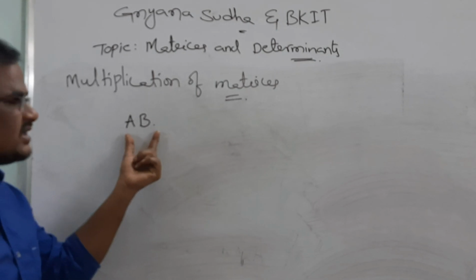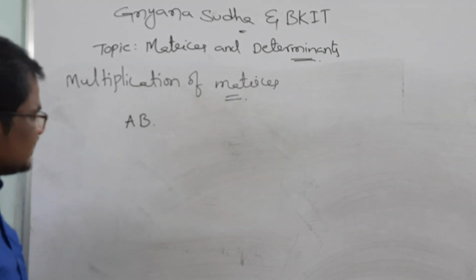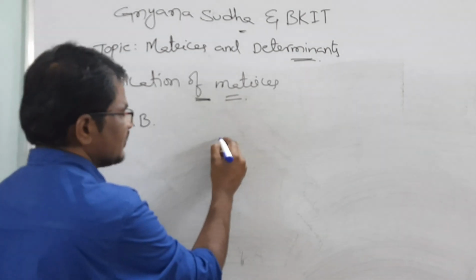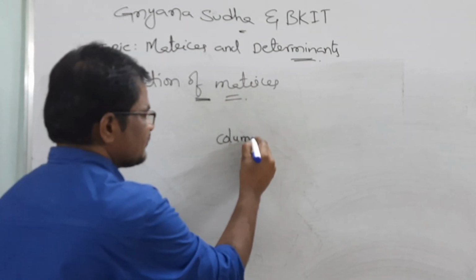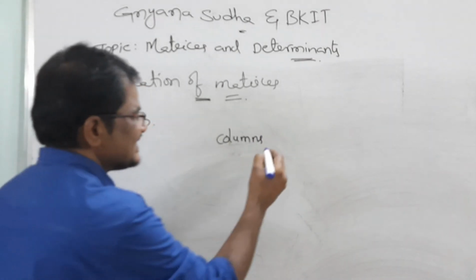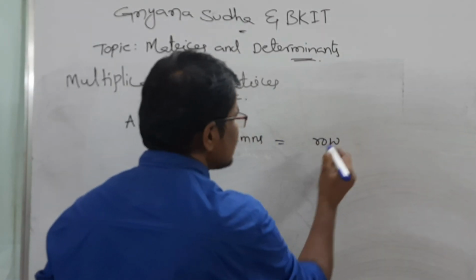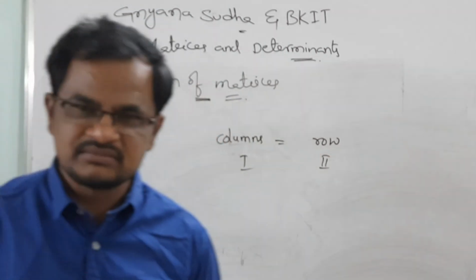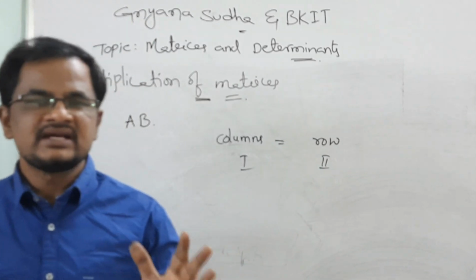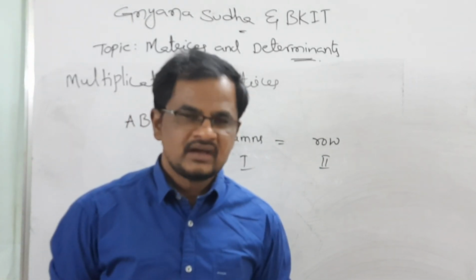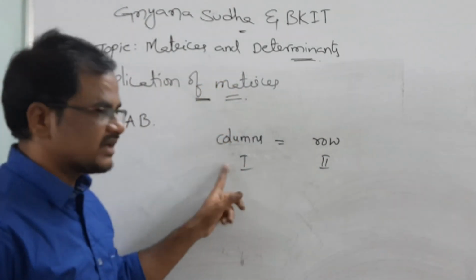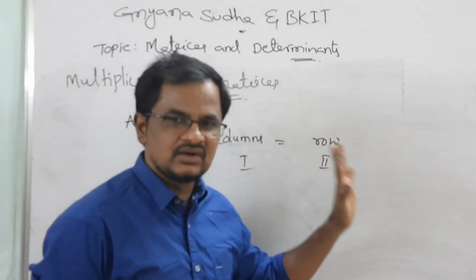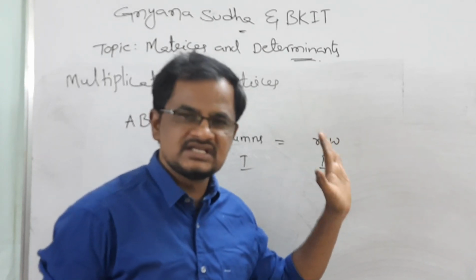If you multiply these two matrices, matrix multiplication is possible only if the number of columns of the first matrix is equal to the number of rows of the second matrix. Listen carefully. Then only matrix multiplication is possible.